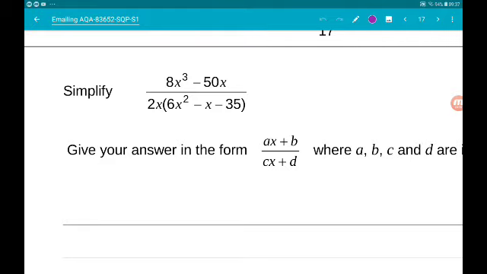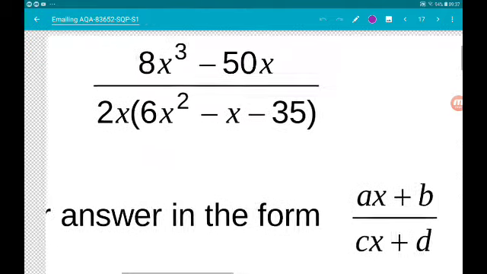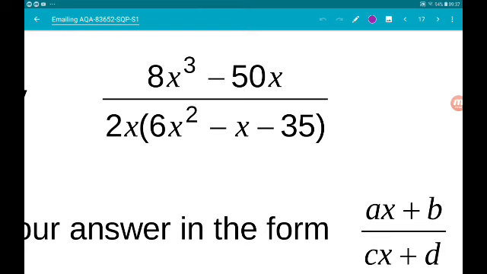Okay, so the trick to simplifying something like this is to first of all factorize.